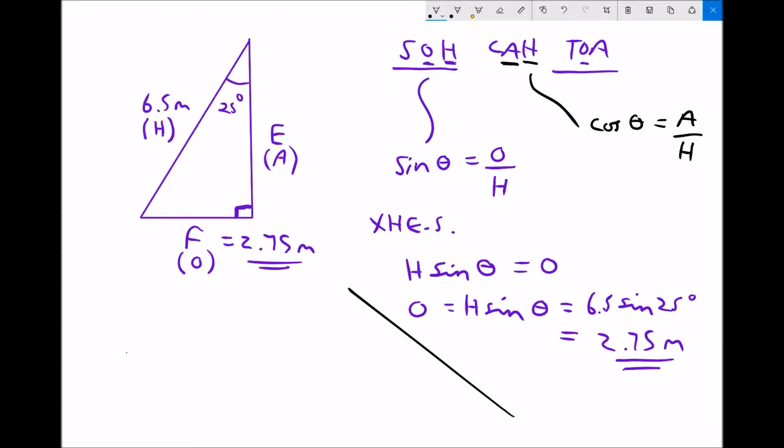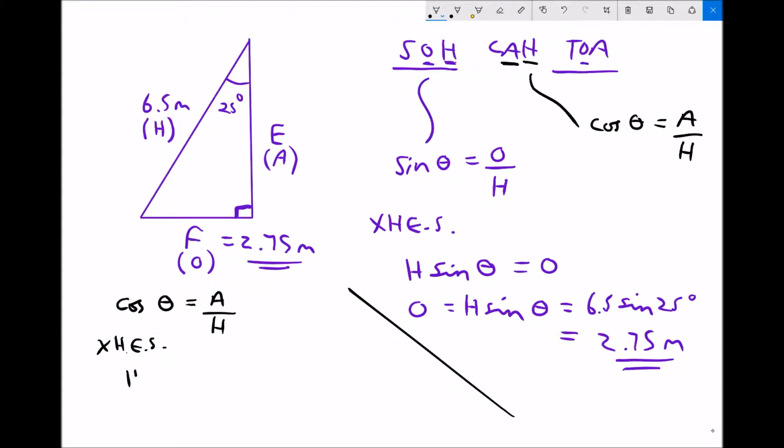If cos theta equals the adjacent over hypotenuse, and we need to get the adjacent on its own, we need to times each side of that equation by the hypotenuse. So times h each side.